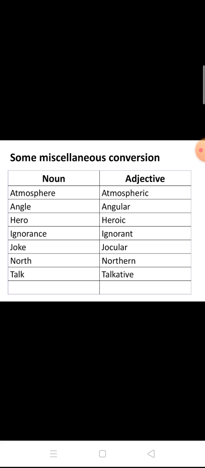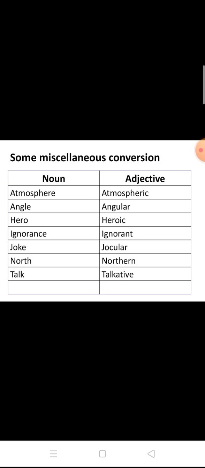But there are again some miscellaneous conversions from noun to adjective which don't follow any particular rules or regulation of suffix and prefix. They just change from one form to another without following any rules.